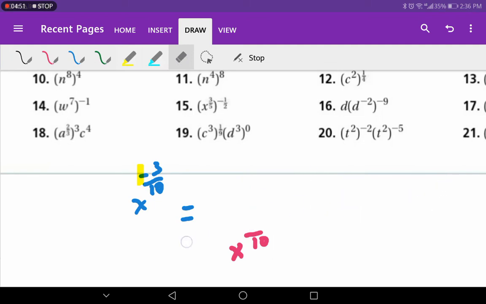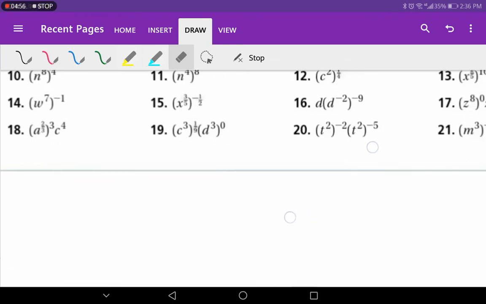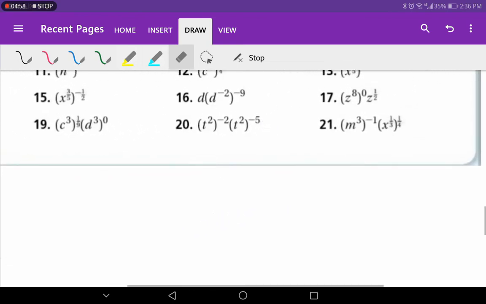Let us do number 16 here. You see the power will be multiplied by this power, so it is negative 18. What about this number, teacher? Keep it outside now. So d multiplied by d with negative 18.